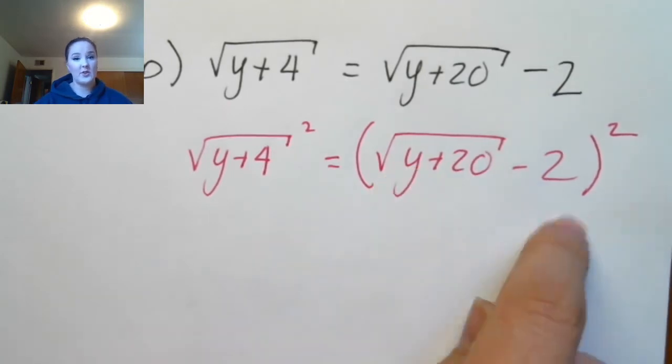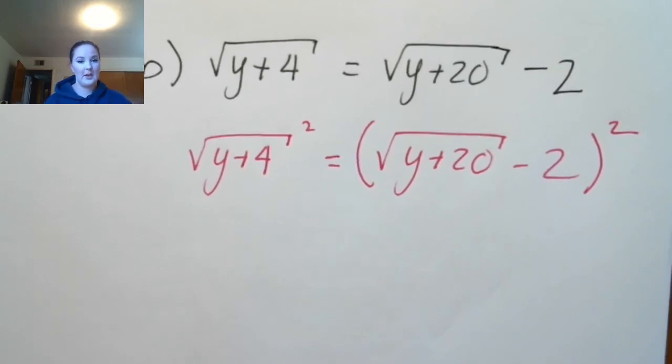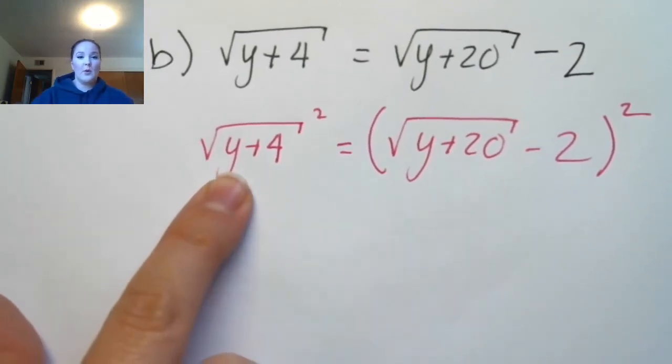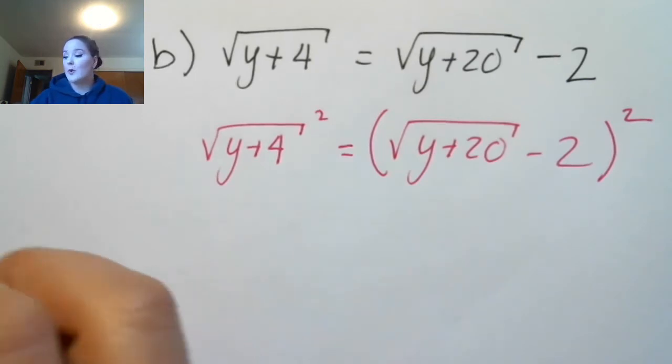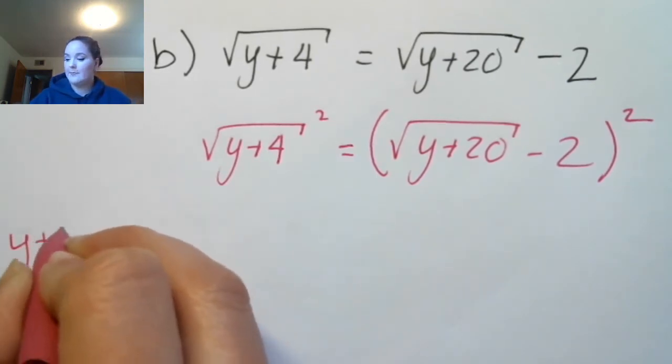They just square these two separately. That absolutely doesn't work. It will 100% give you the wrong answer. So square root of y plus 4, squared, is just going to give you y plus 4.